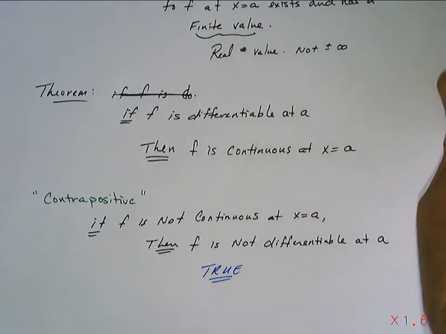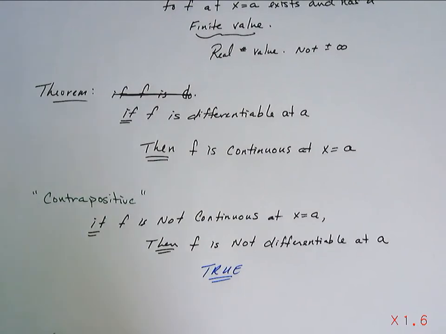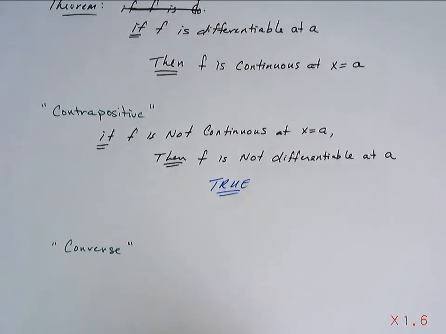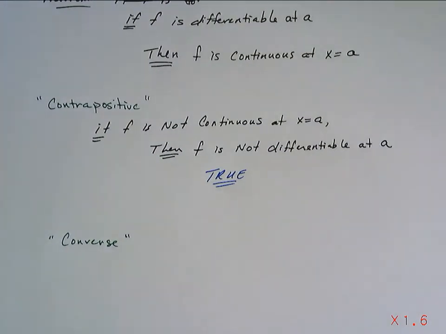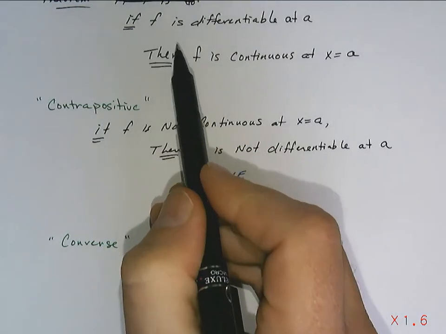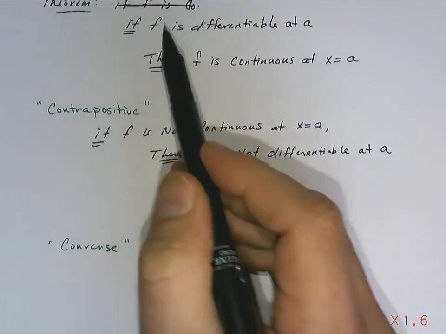Now there's something called the converse of the statement. Now this is how the converse of the statement goes. The converse takes this if and then and reverses the direction.